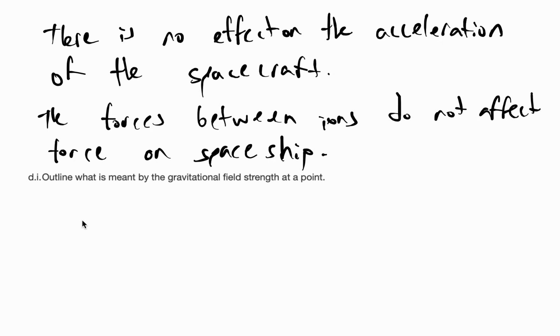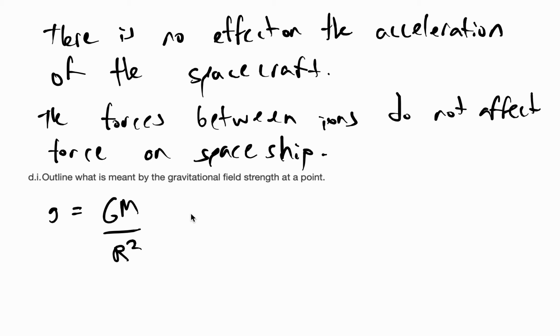Okay, this is some gravitational field theory. What is gravitational field at a point? So really, this is not a mechanics question in this one particular case, but you could still refer to your data booklet and figure it out. So gravitational field strength g is equal to GM over r squared, right?